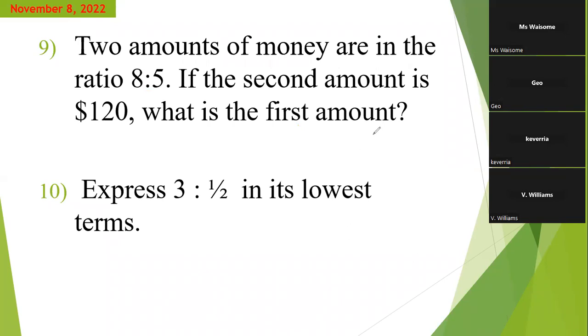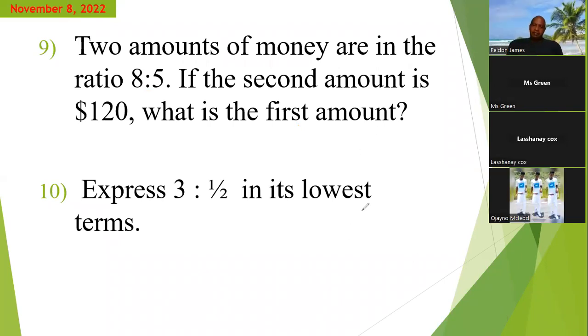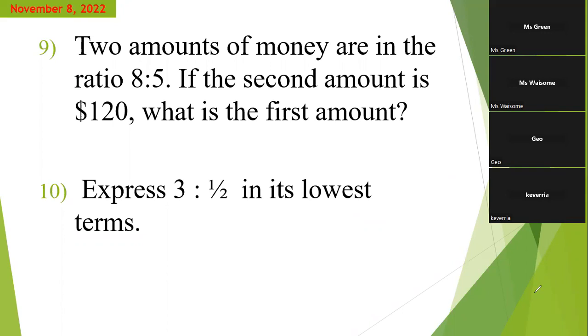Miss Williams, are you there? Yes, sir. Are you ready with this question? No, I'm not finished, sir. I started but not finished. All right. Any volunteer for question 10? Let me see your hand.